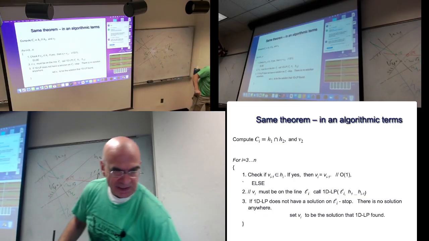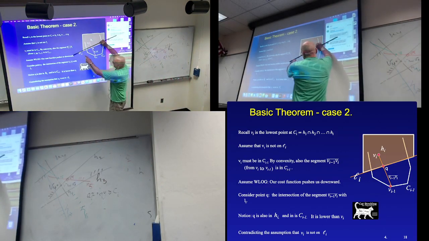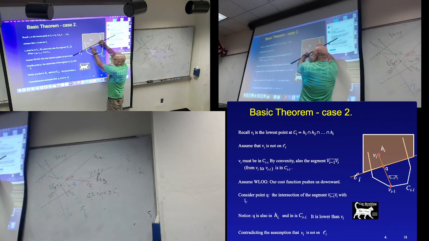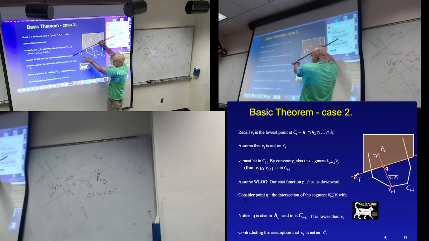Let me go back one slide. My one-dimensional linear programming would say this line is fixed. That's the line that I'm looking for my solution on, and all the other half planes, H1, H2, H3, all the way to Hi minus 1, are the other half planes that I'm given.